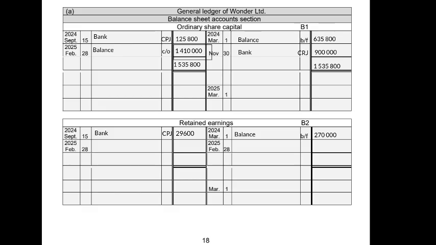Then on the credit side, 2025 February 28th, we're going to write down appropriation account. We go to the general journal. And the amount is 363,950.